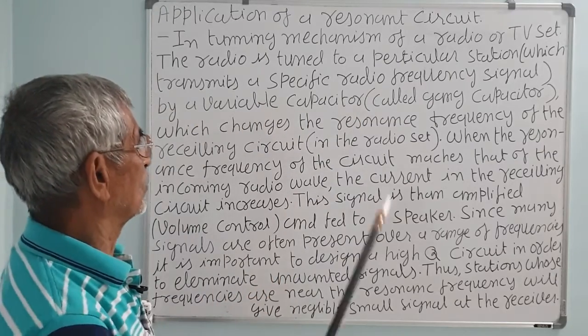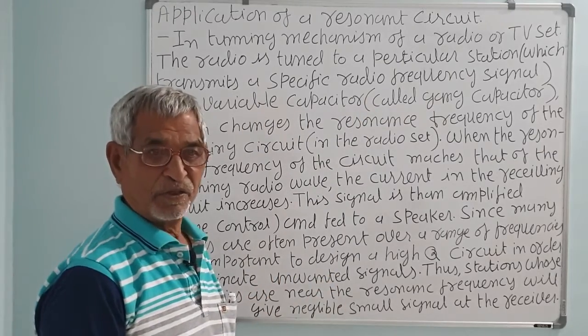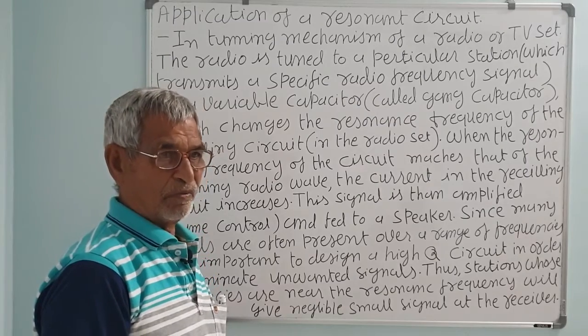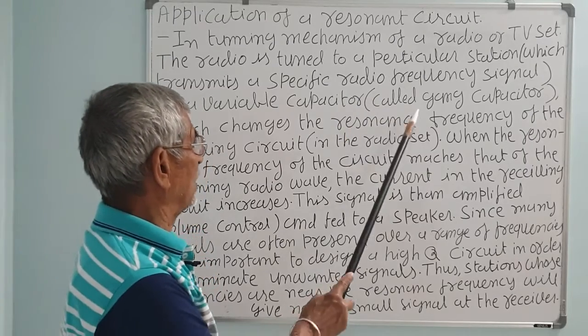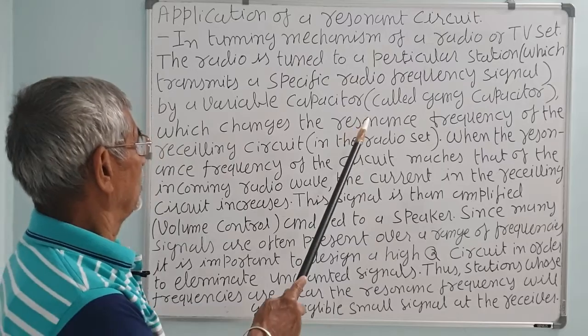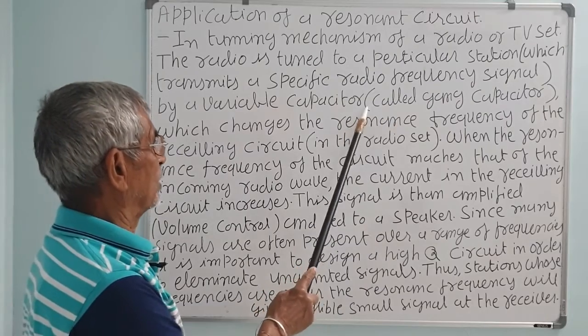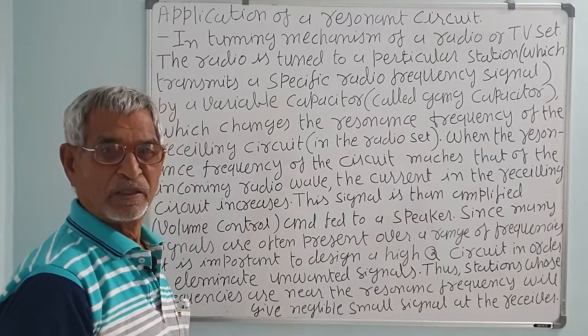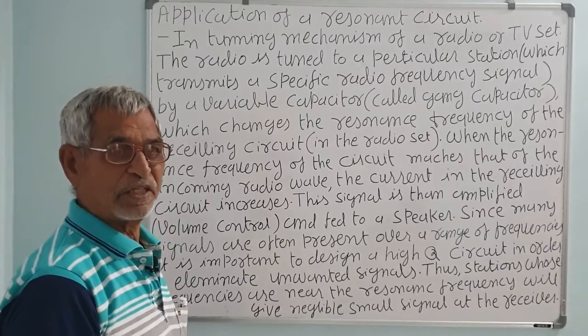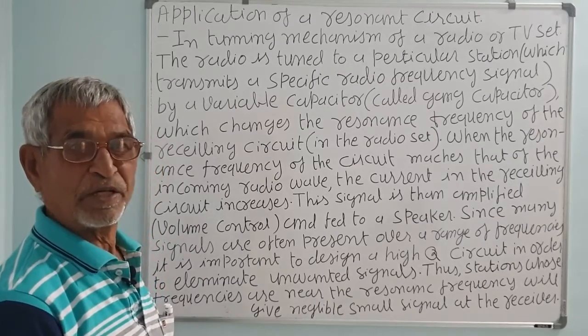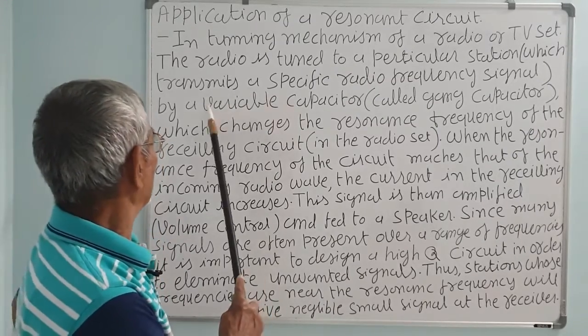There is a capacitor called the gang capacitor. We know that the frequency can be adjusted by an LC circuit, correct? The resonance frequency cannot be produced by LR or CR. There should be an inductor and a capacitor, and the capacitor should be variable.